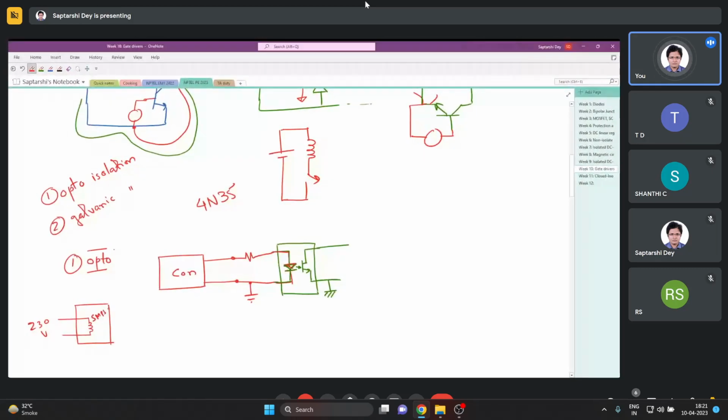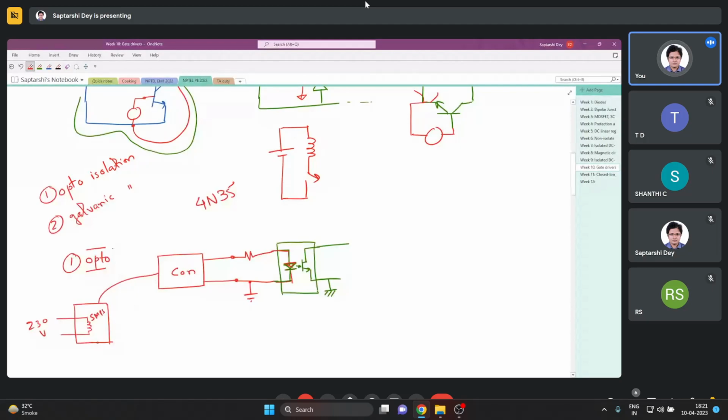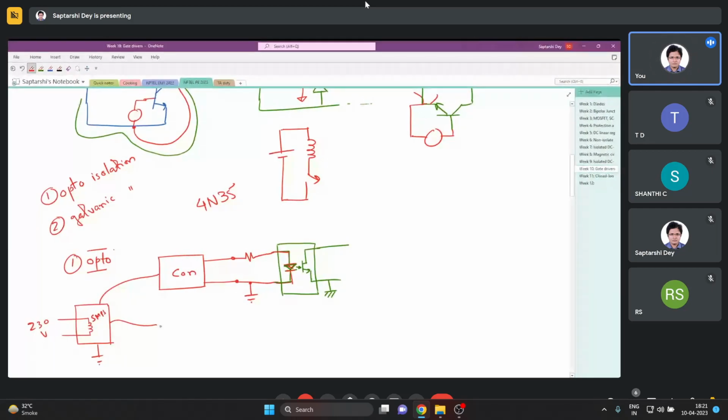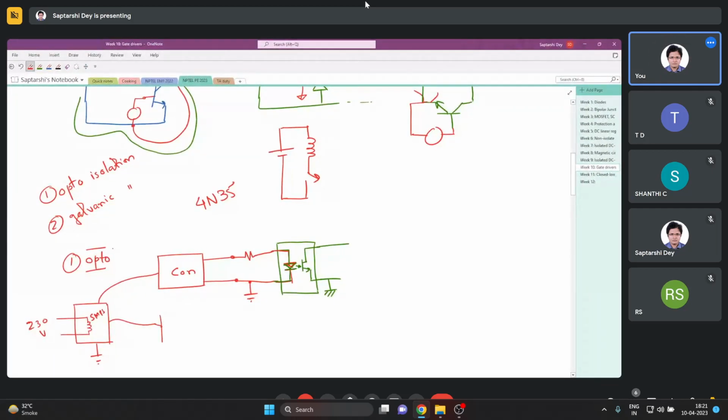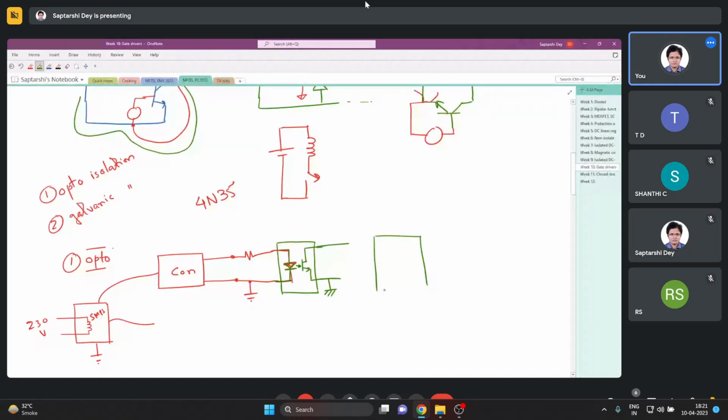Now that same SMPS supplies the control, so they have the same ground. This SMPS also supplies another circuit. Now this thing cannot drive the switch, so we need a driver circuit.